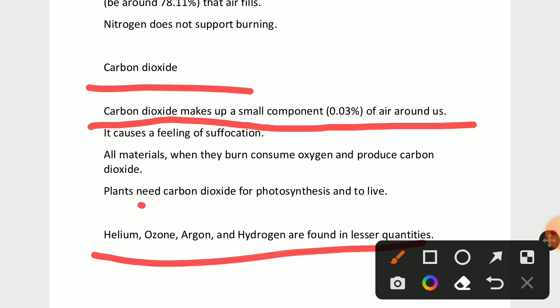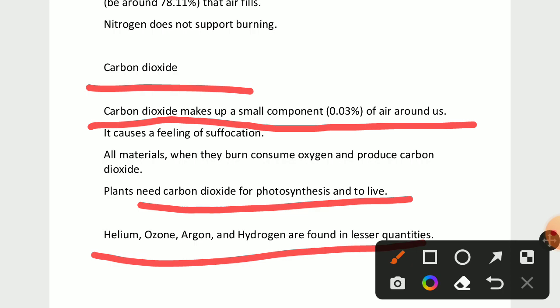Carbon dioxide is present less in the atmosphere, around 0.03 percent. Suffocation is nothing but not being able to breathe properly.